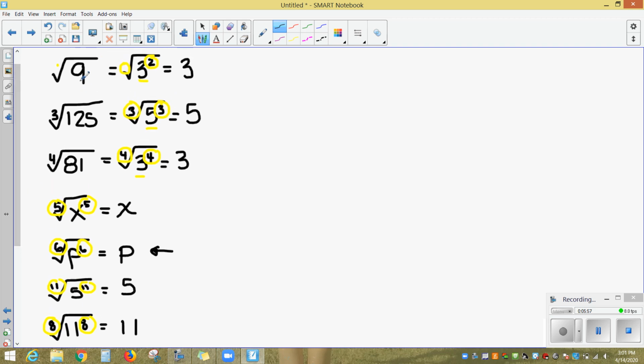Now back up here to the square root of 9, when we said, well, the square root of 9 is 3 because 3 squared is 9. Recognize that there's another number that I can square and also get 9. If I square negative 3, I get 9.